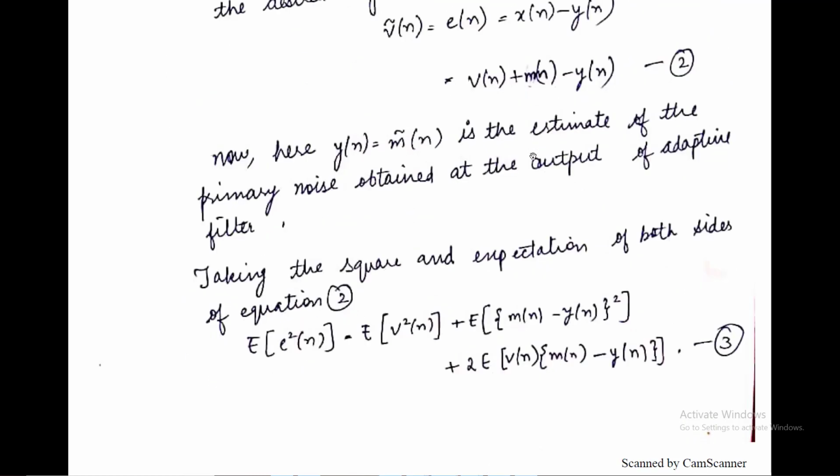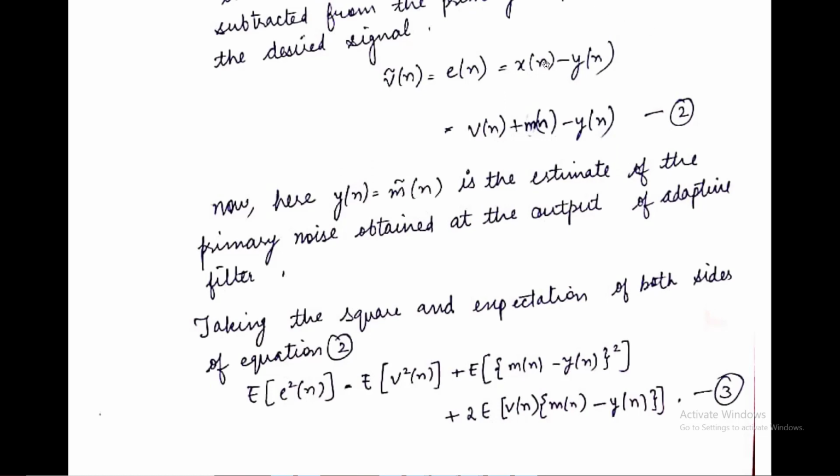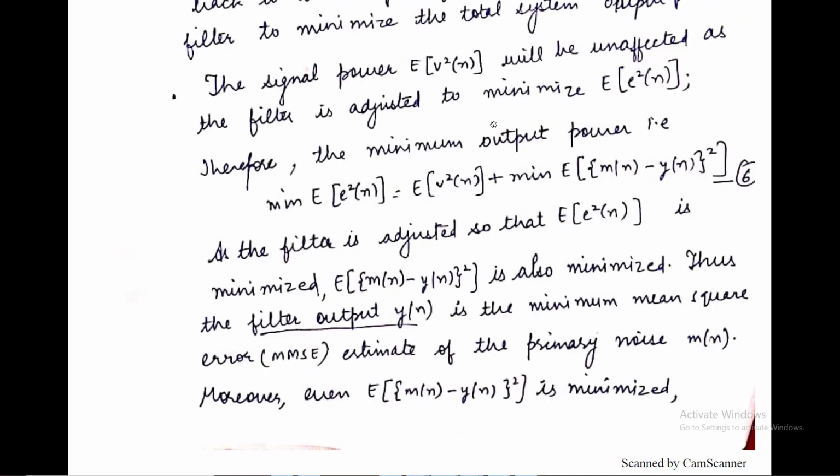You can see En is nothing but Xn minus Yn. Xn is Vn plus Mn. So if I take Vn to that side, En minus Vn is nothing but Mn minus Yn. So if the expectation of (Mn minus Yn) square is minimized, that means the expectation of (En minus Vn) whole square will also be minimized.